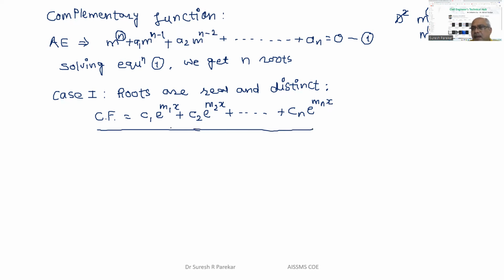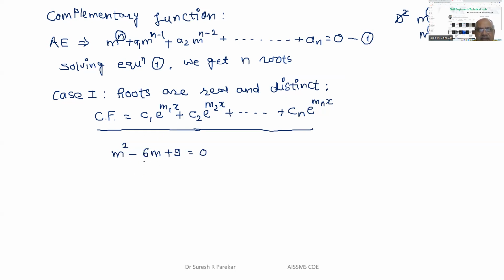Now how are we going to get this equation, or which type of equation do we have? I will take a simple example. Let us say we have m square minus 6m plus 9 equal to 0.